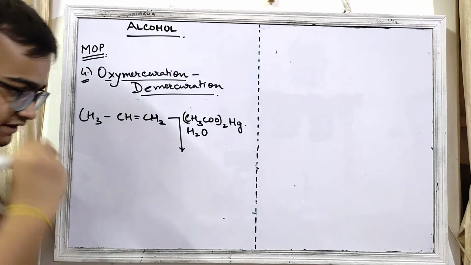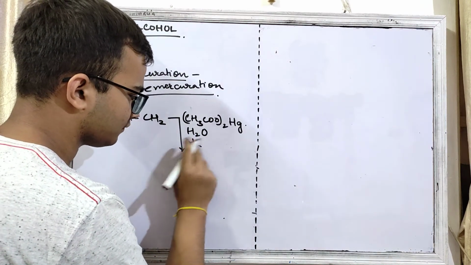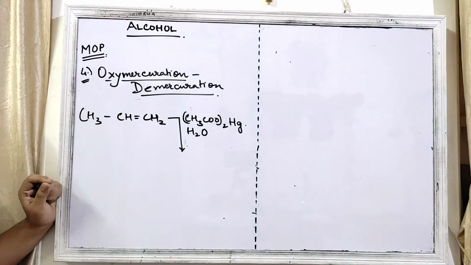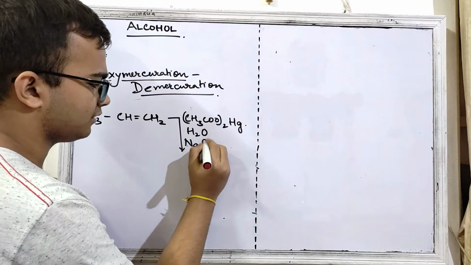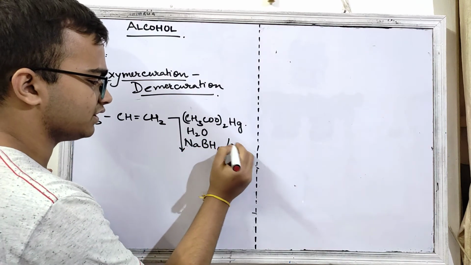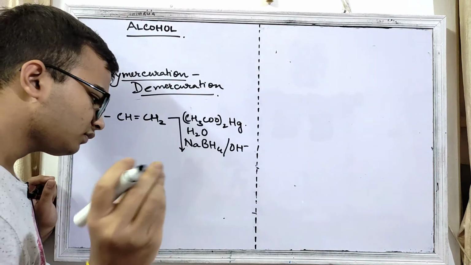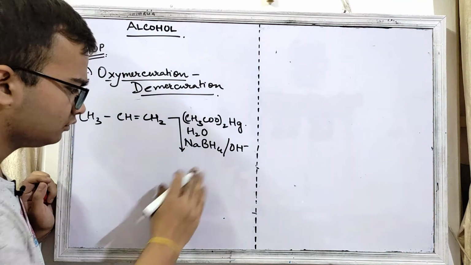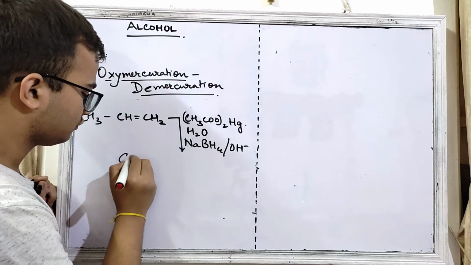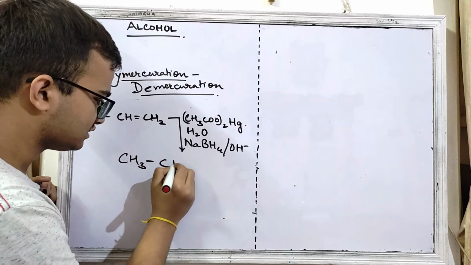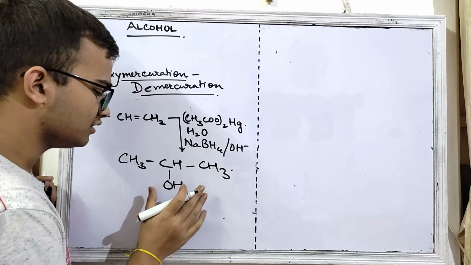The last thing which we take is sodium borohydride, NaBH4, in basic medium, OH minus medium. So as a result of this, the Markovnikov rule of addition is being followed. So according to that, the OH will get attached over here. CH3 CHOH CH3, OH is attacking over here.